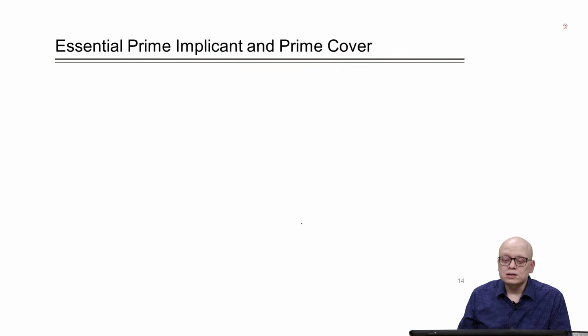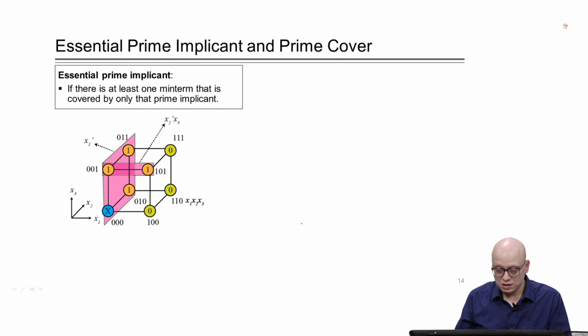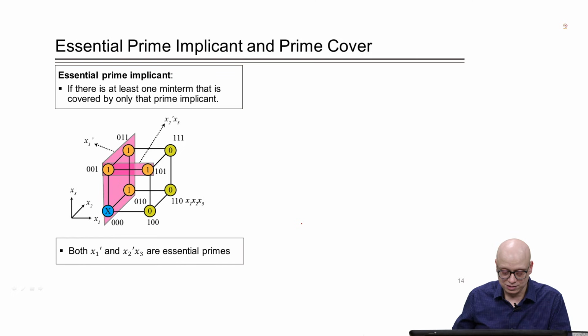Now, what is an essential prime implicant? If there is at least one min term that is covered by only that prime implicant, then that prime implicant is known as an essential prime implicant. For example, consider this function which we had seen earlier.